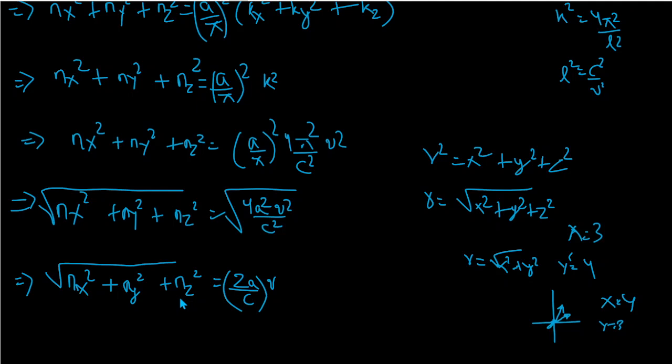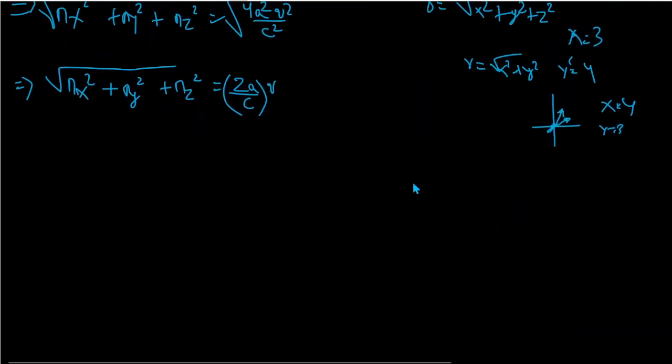It means I will now make a diagram of a sphere. So this is a possible diagram that I can make. This is the z-axis, this is the y-axis, and this is the x-axis.